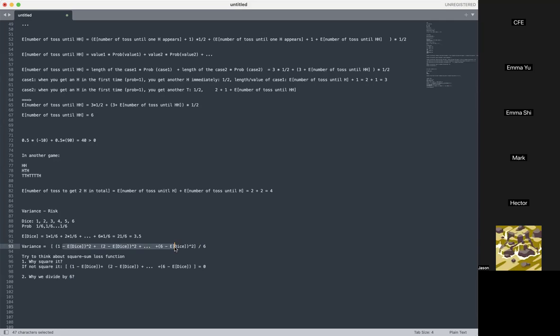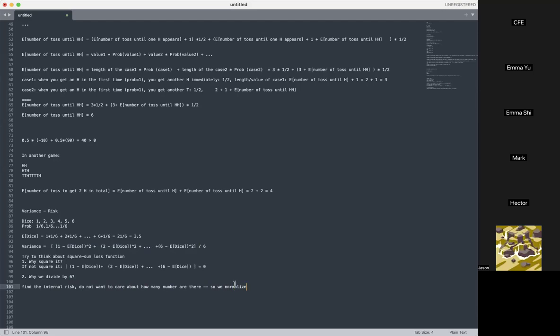We want to find the internal risk, and not care about how many numbers there are. So that's why we normalize.